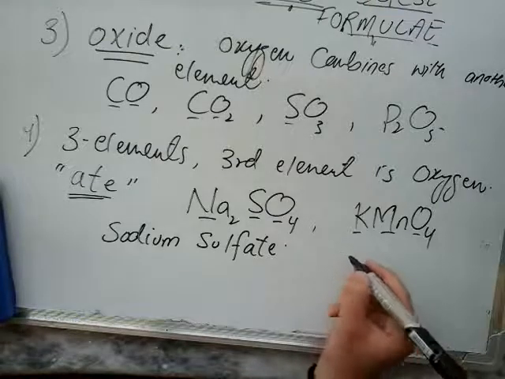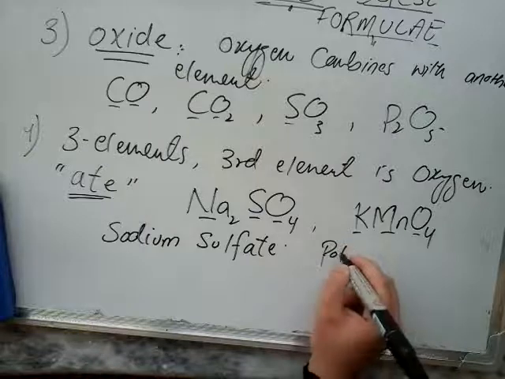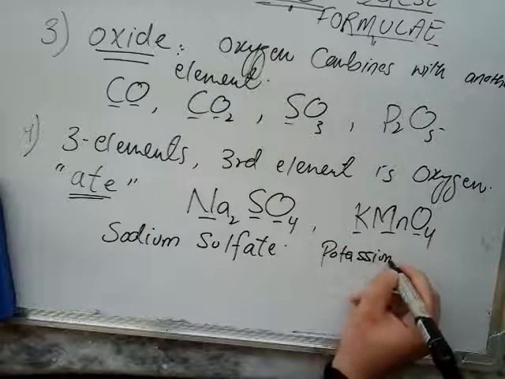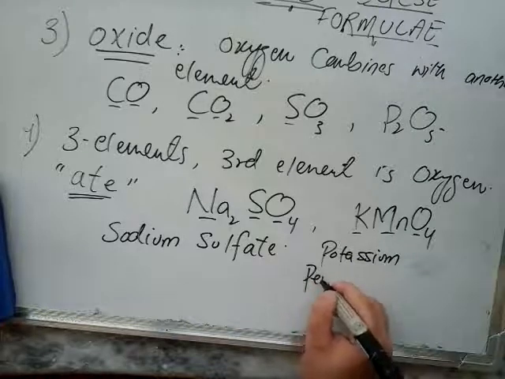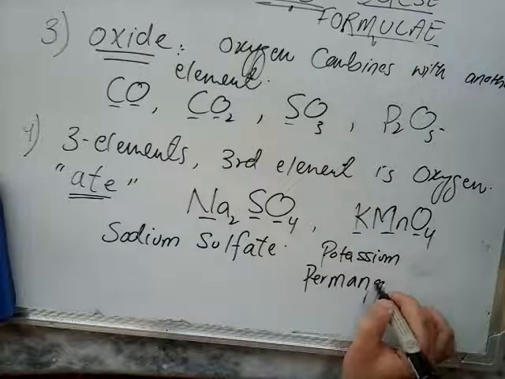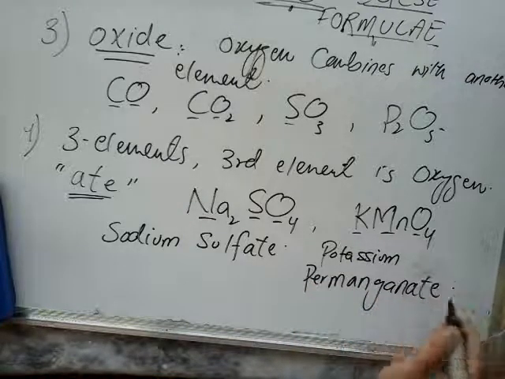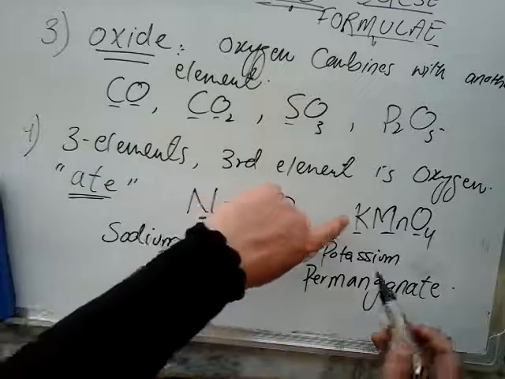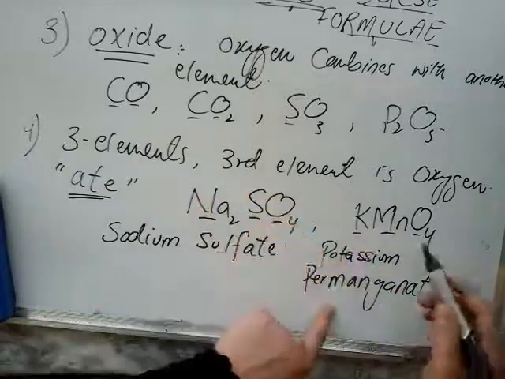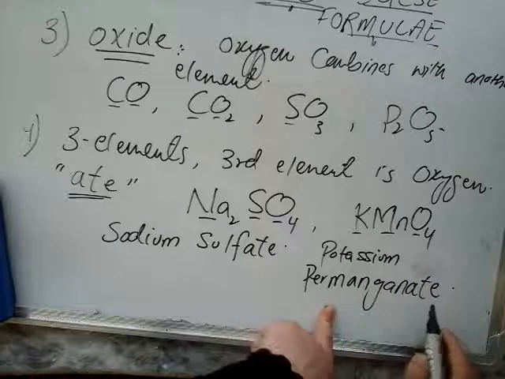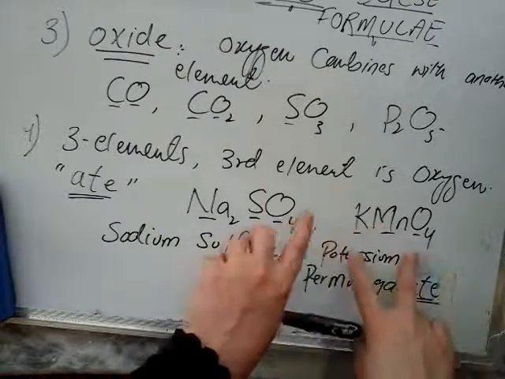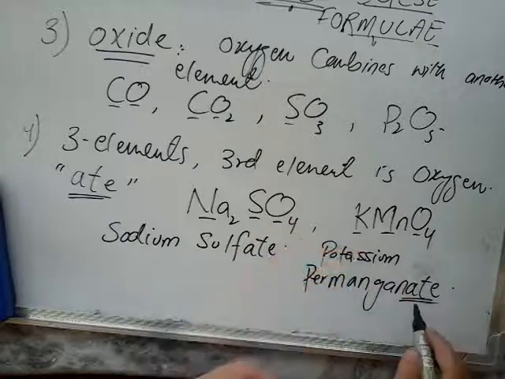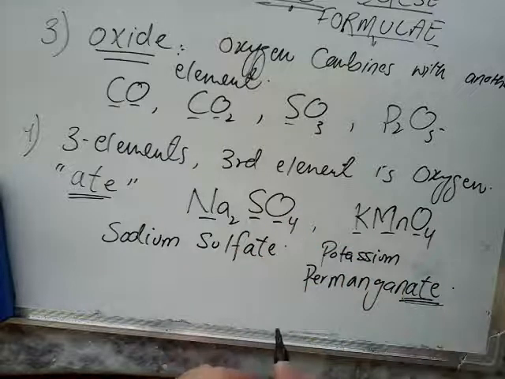So we will use the word potassium permanganate. The first element is written the same, followed by permanganate. The 'ate' means that in this compound three elements are present and the third one is oxygen. That is why we are using 'ate'.